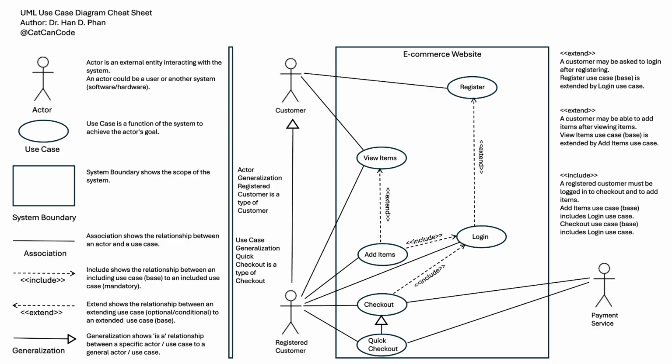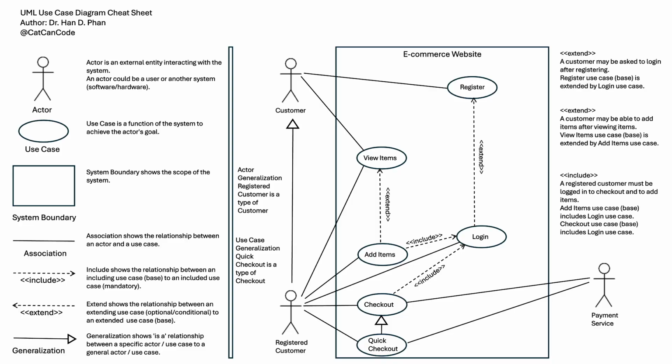In this video, I'm also going to show you an example of an e-commerce website and the UML use case diagram for this particular software. You can see that there are three actors in this UML use case diagram. The first one is customer. The second one is register customer.